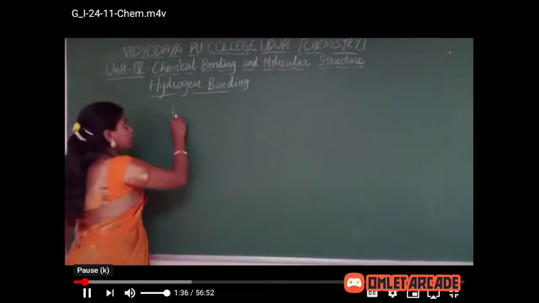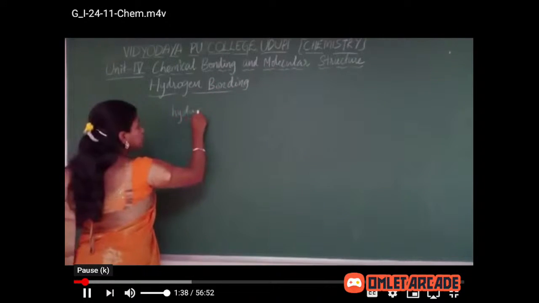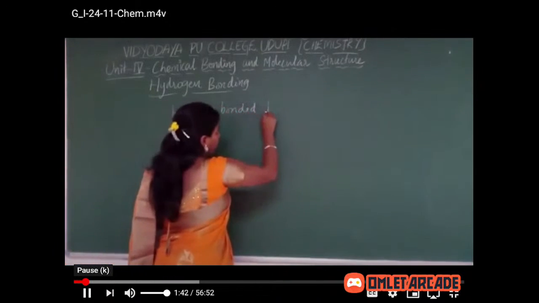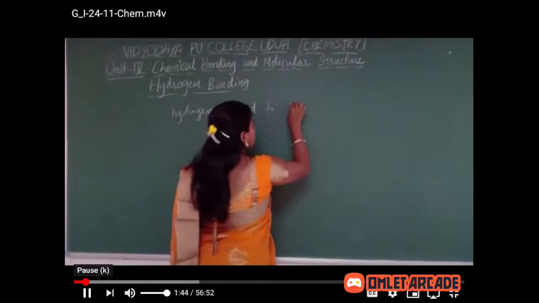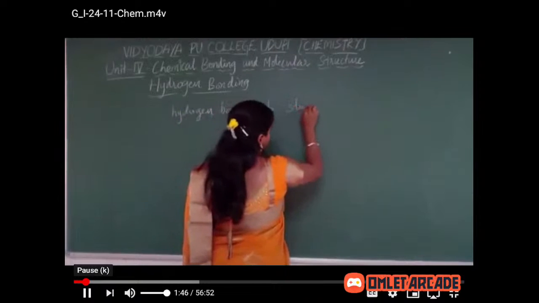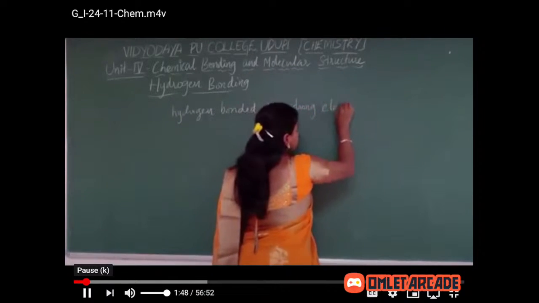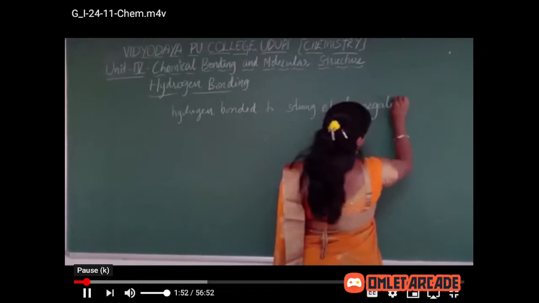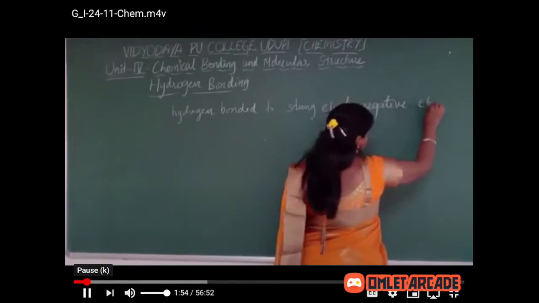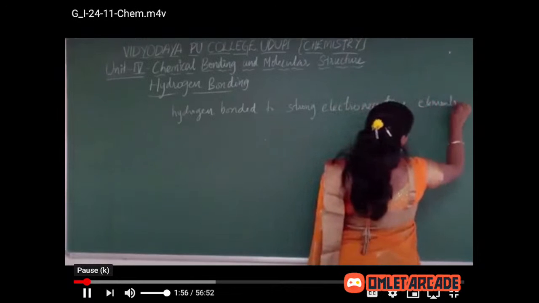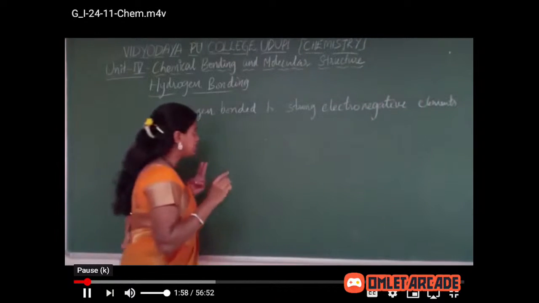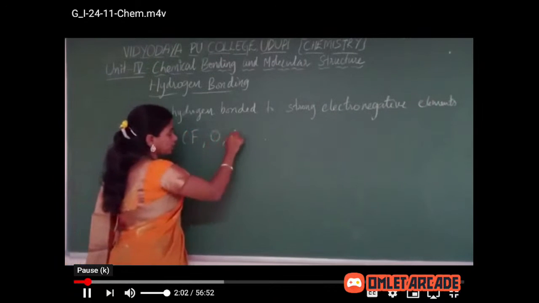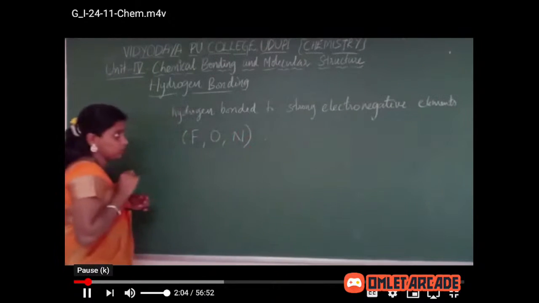So if hydrogen is bonded to strong electronegative elements, and strong electronegative elements, three are there, that is fluorine, oxygen and nitrogen.